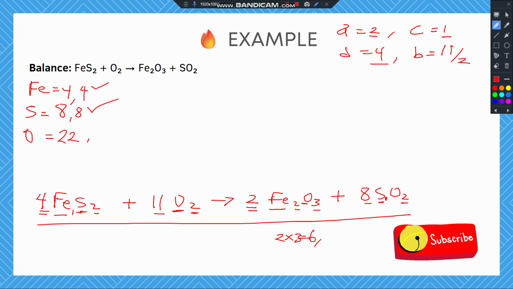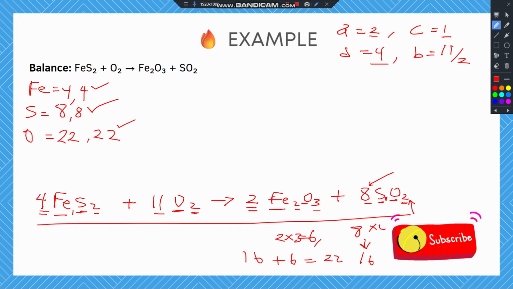Oxygen also appears here. You can see oxygen having a subscript of 2 and a coefficient of 8. So 8 multiplied by 2 gives us 16. So altogether we have 16 plus 6, which gives us 22 atoms of oxygen. So oxygen has 22 atoms on both sides, the left and the right hand side. So this equation is perfectly balanced.